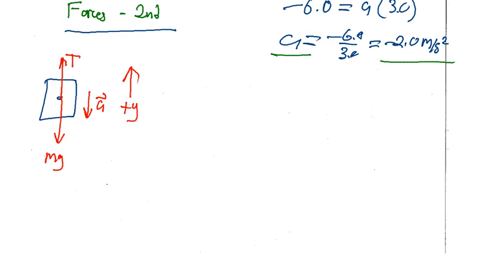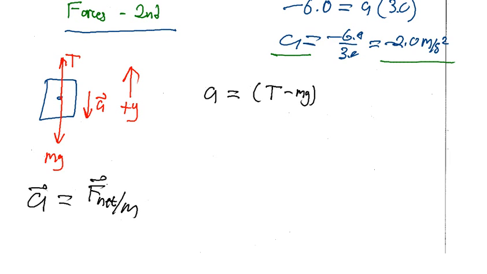So Newton's second law tells us that the acceleration is equal to the net force divided by the mass. So if we apply that to the elevator, we would say that a equals the quantity, the tension minus the weight, divided by the mass. And we can solve this expression for the tension.